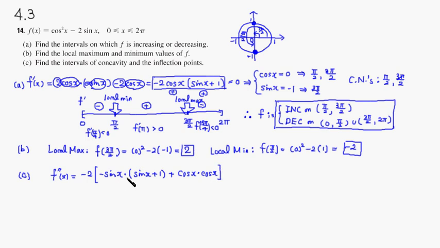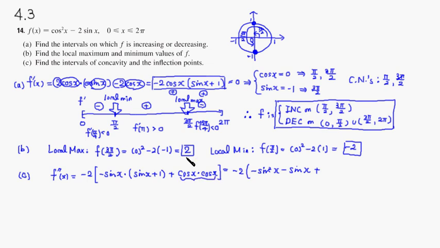All right, so let's simplify this. I'm going to multiply this out. Negative 2 is outside. Negative sine times sine is negative sine squared of x, minus sine of x, plus cosine squared.